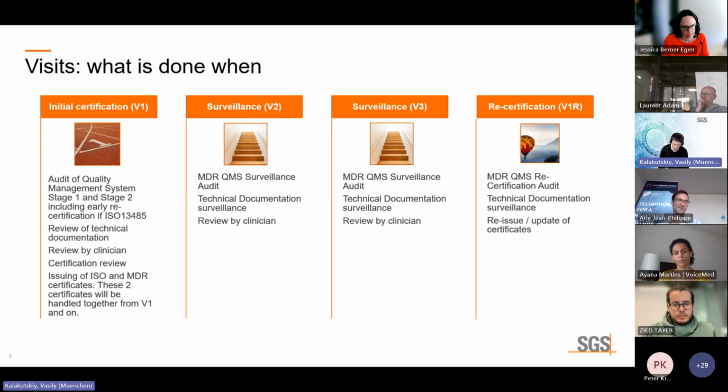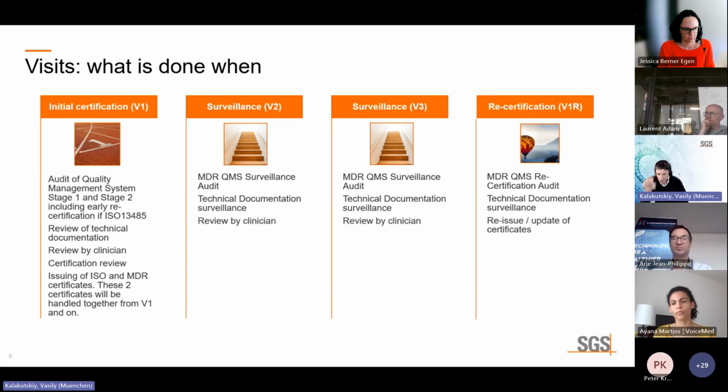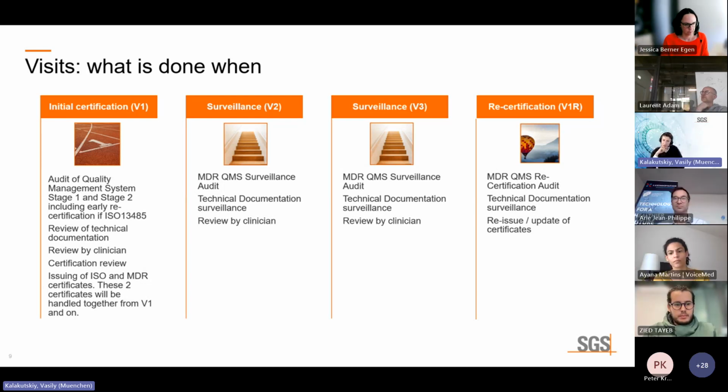The requirements are set out in Articles 86 to 92 of MDR, and they refer to the relevant annexes. If you go from 86 to 92, you will see what is required for your class, and then you can jump to the annexes of the MDR where you find more details. So this is the post-market surveillance.